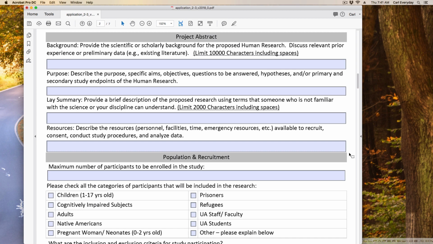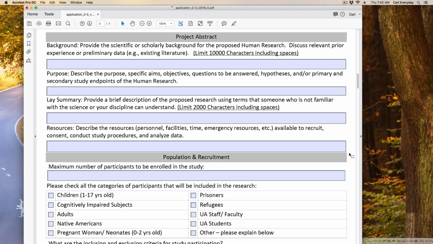So the first part, the background, you basically cut and paste into that your intro to your proposal, as long as it's less than 10,000 characters. And then under purpose, you cut and paste in your research question.